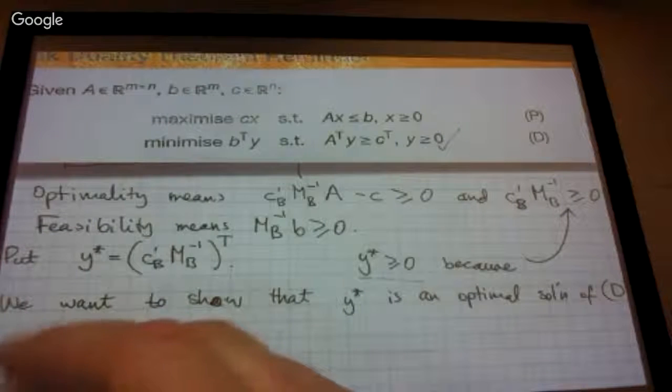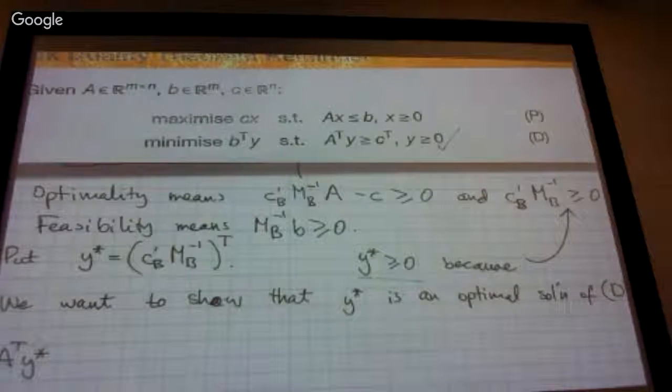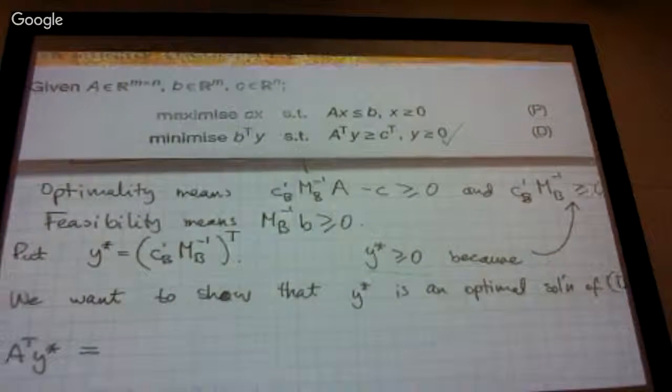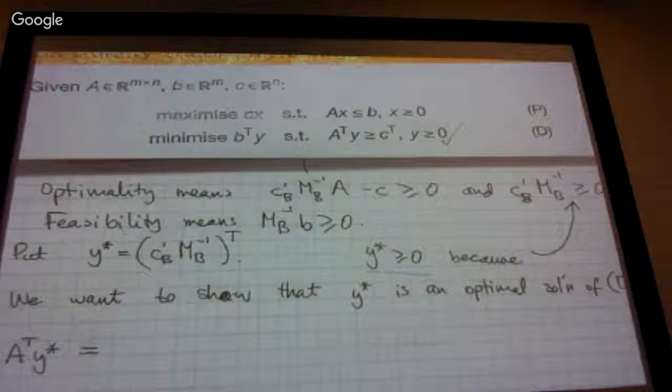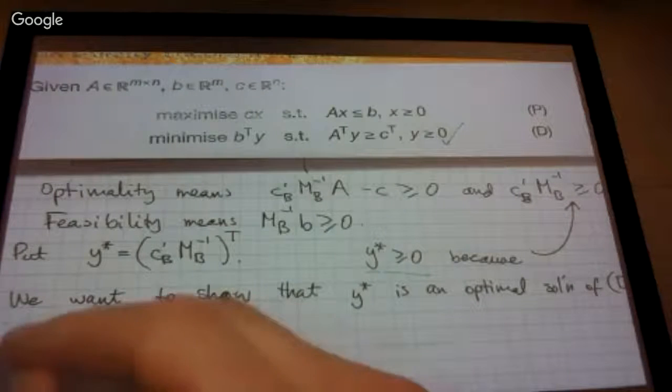So A transposed y star is, well, okay, I'll do it this way.